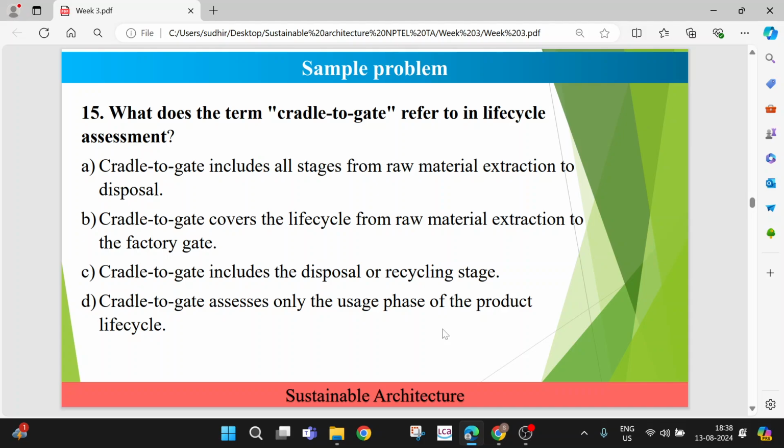So a website link was also shared in the lecture videos. You can calculate your life cycle assessment, or let me show one life cycle assessment of a product. So you will get a brief idea about how life cycle assessment is done.